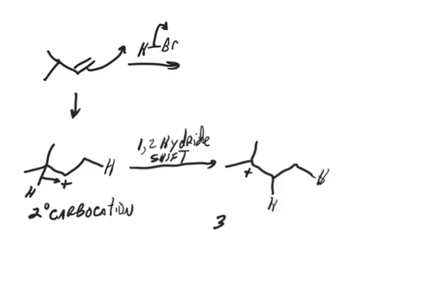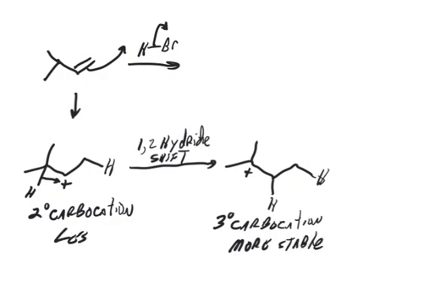And now this is a tertiary carbocation. Remember, carbocations are electron deficient. The more alkyl groups I have donating electrons in, the more stable. So this is more stable, and this is less stable. That's why the 1,2 shift happens.